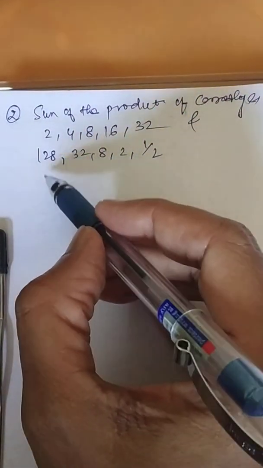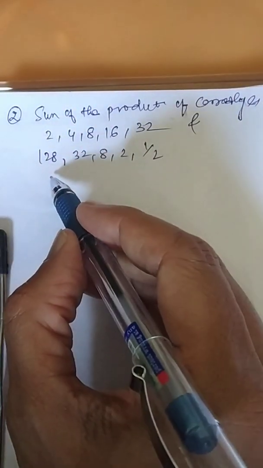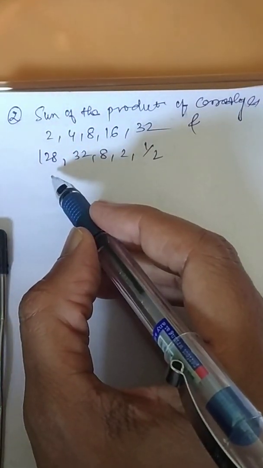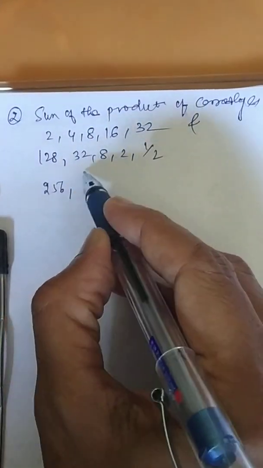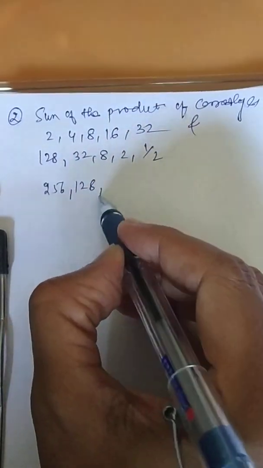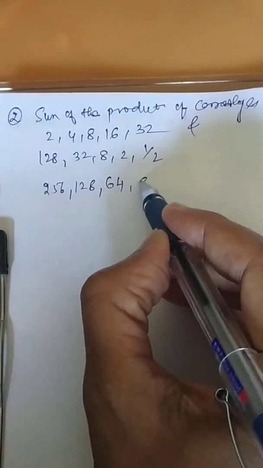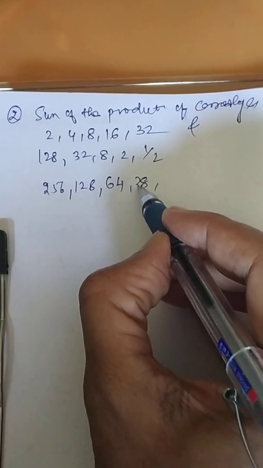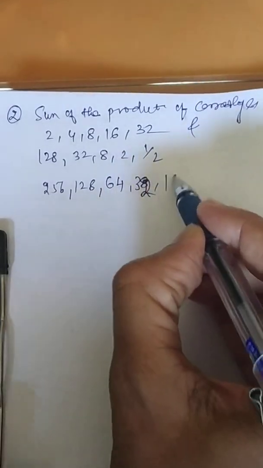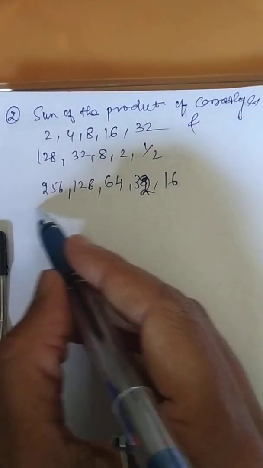The question is very simple. You just get the products. What is the first product you are getting? 2 times 128 is 256, then 128, then 32, then 16. Sum up. Now you have to get the sum.